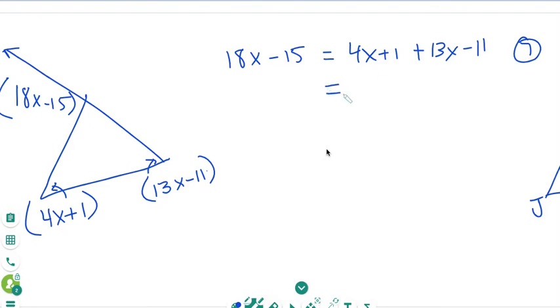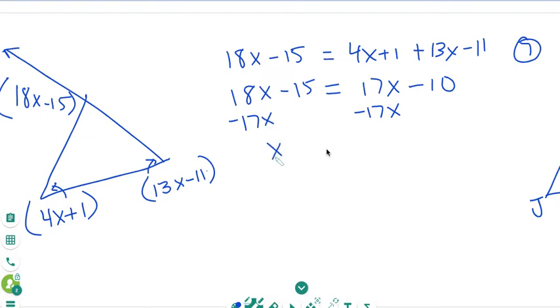So I'm going to have 17x minus 10 and 18x minus 15. Zero pair out the 17x to get all the x's on the left. x minus 15 is equal to negative 10. Zero pair out the 15. x is equal to 5.